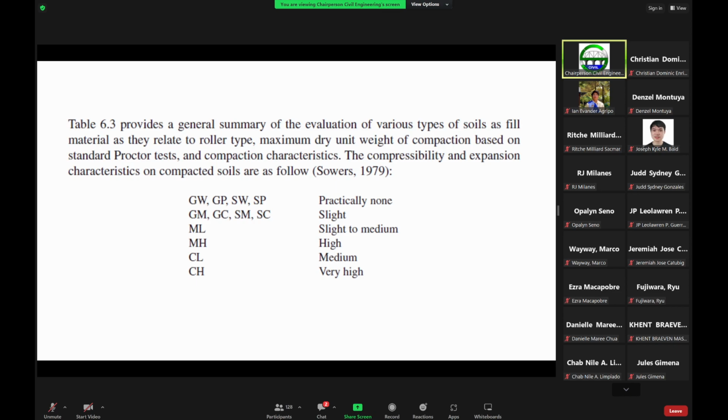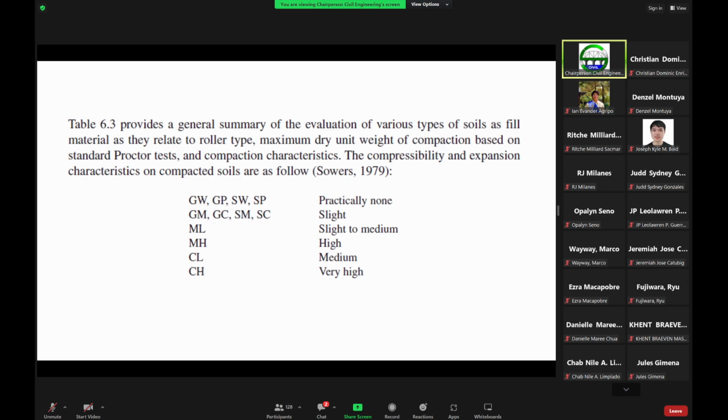According to Sowers in 1979, he observed that the compressibility and the expansion characteristics of compacted soils depend on the type of soil.